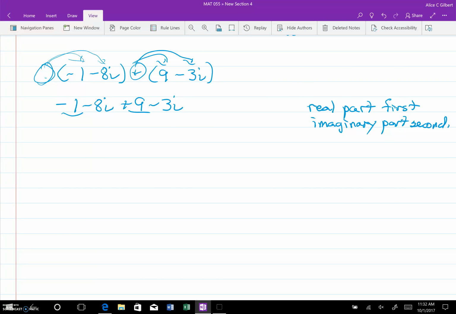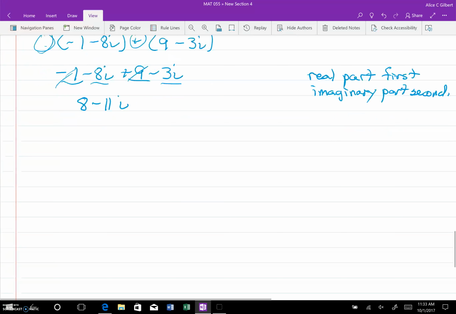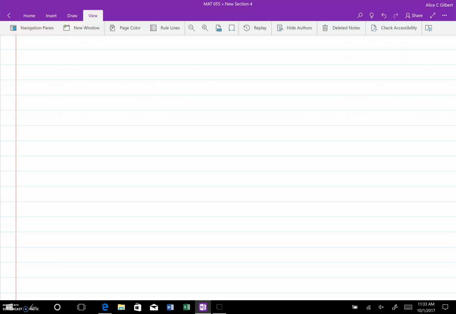Well, this is an addition problem whose signs are different, so I subtract the small number from the big number, keep the sign of the big number, so those are gone. Well, these are also like terms with my i's being the same. And so then I just look at the numbers. This is an addition problem whose signs are the same, so I add the numbers and keep the sign. There's my answer.